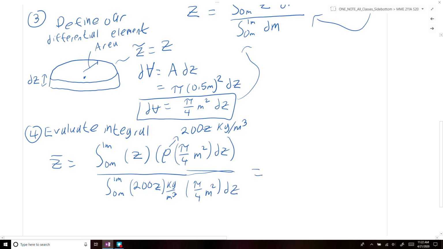Alright, if we look at this, what we should notice is we can take out a lot of constants here. We can take out 200 and pi over 4, and in the denominator we can take out 200 and pi over 4.